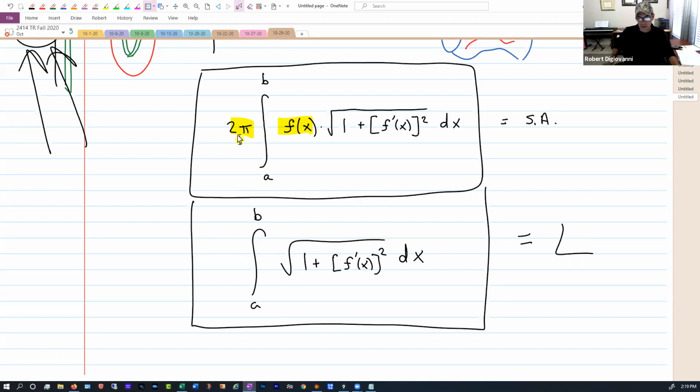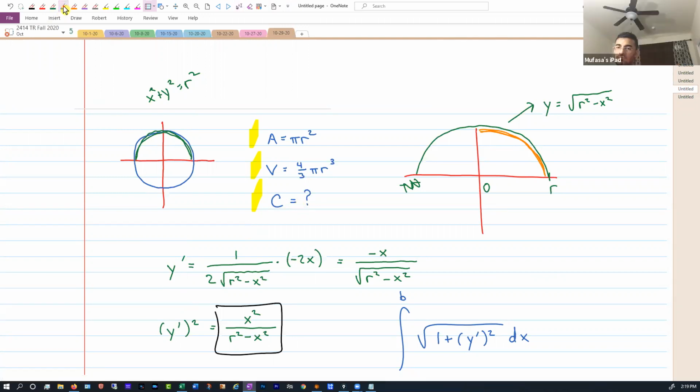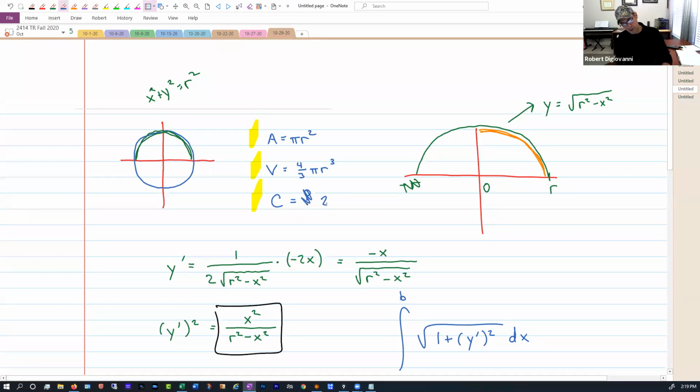All right, so guess what I want to show you now? Check, check, check. The area of a circle is pi r squared. The volume of a sphere is 4/3 pi r cubed. The circumference of a circle is 2 pi r. How do you think I can use this new information here? The surface area of it.